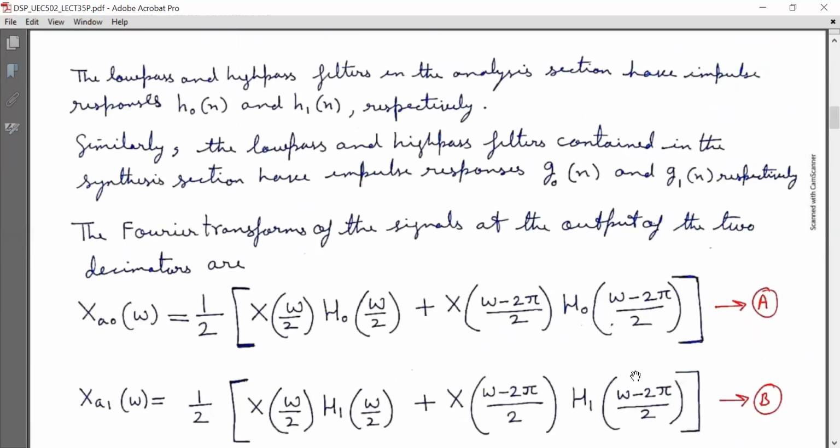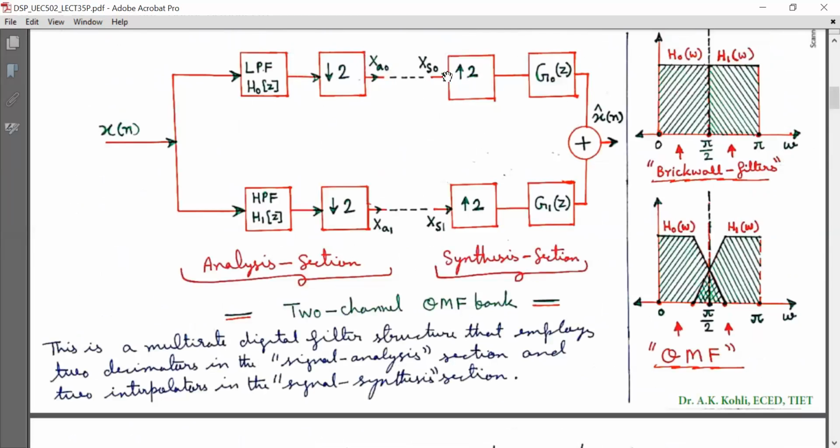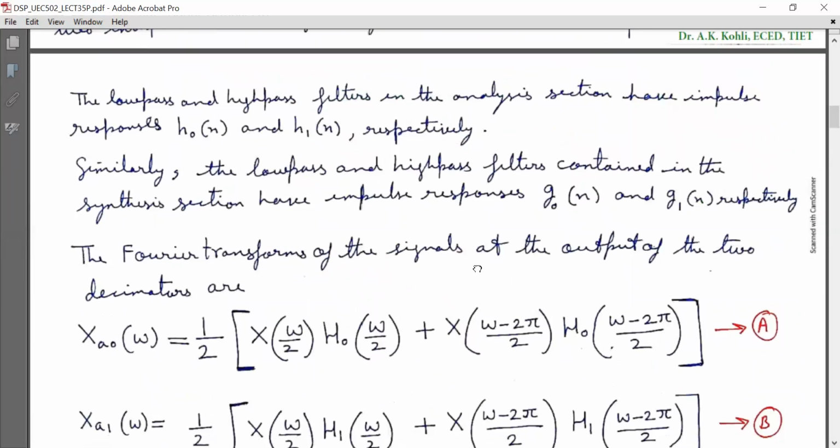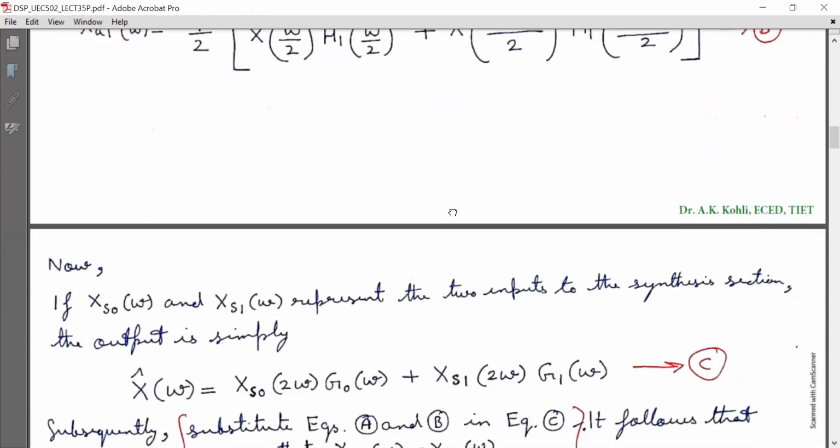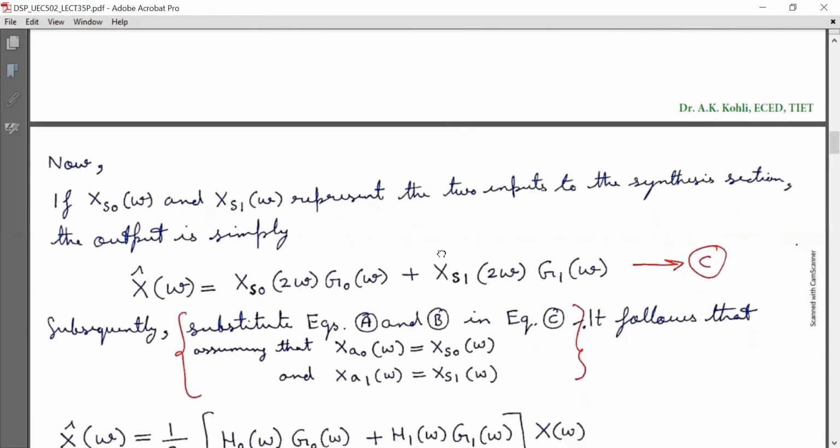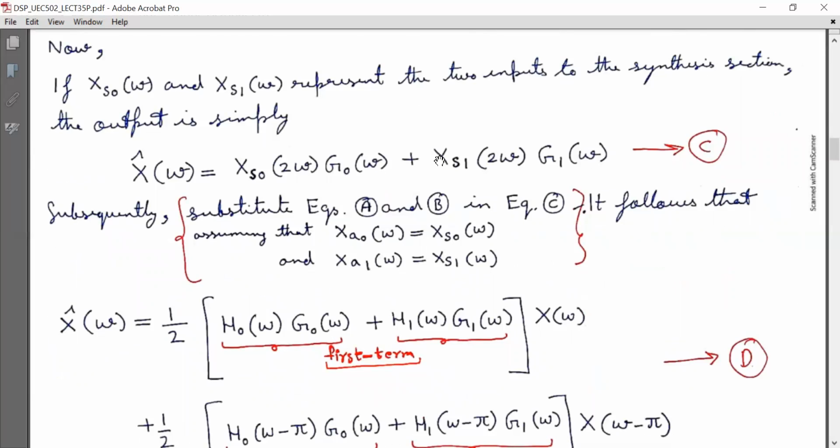Look at the block diagram. The inputs to the synthesis section are XS0 and XS1. The output is simply X(omega) is equal to XS0(2 omega) G0(omega) plus XS1(2 omega) G1(omega). Mark it as equation C.